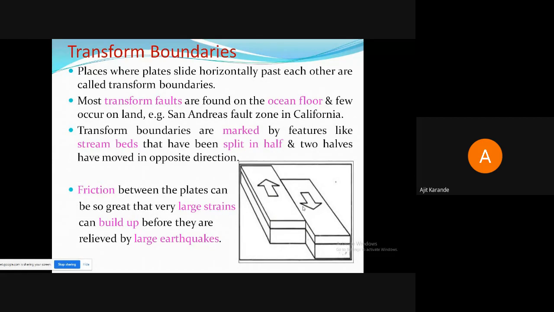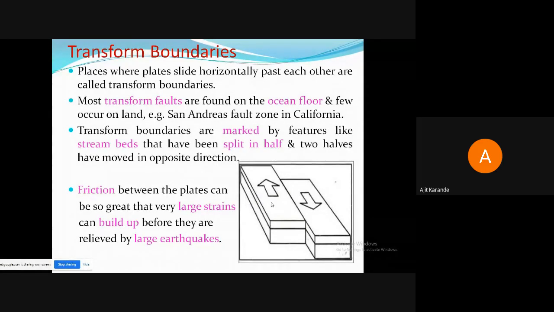Here you can see one image. In this image you can see these two successive plates slide in a horizontal plane, and due to this sliding, the boundaries of these plates may transform, may move, and that is why it is called the transform boundaries.